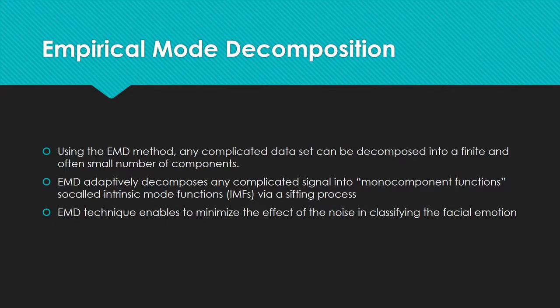EMD adaptively decomposes any complicated signal into monocomponent functions, so-called intrinsic mode functions, via a sifting process. This technique helps minimize the effect of noise in classifying the facial emotion. Whatever noise was incurred in our image is reduced by EMD, following a set number of sifting steps until a particular residue level.